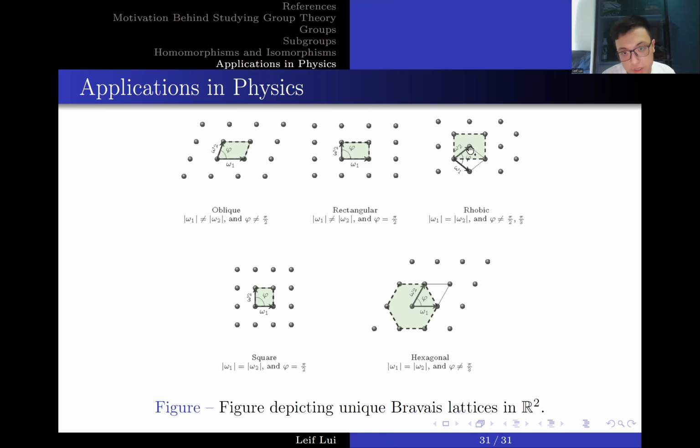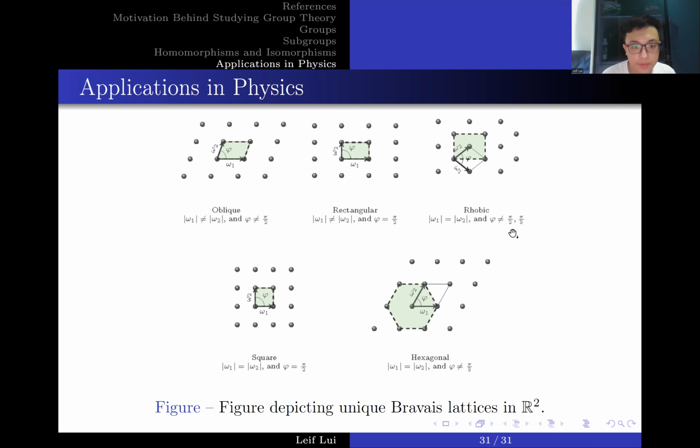You can see there can be many choices of primitive vectors, right? It can be these two or these two, but here, basically, phi must not be equal to pi over 2 or pi over 3. So it can't be these combinations.